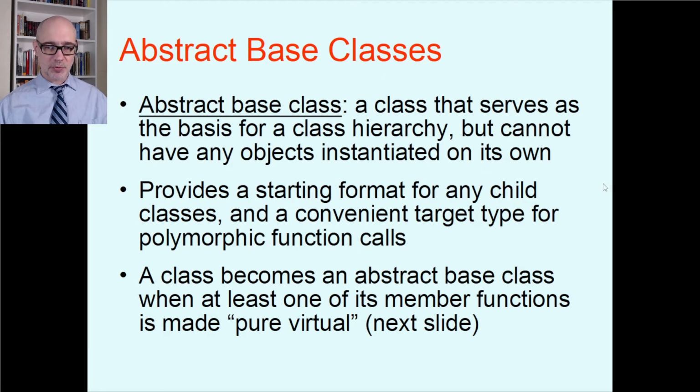So we do this a lot, and this does provide a good starting format for any child classes. Whatever the common traits are, like being able to get a score or get the letter grade in the graded activity example, why not set that up in this base class, inherit it into all your many child classes for free, instead of repeatedly rewriting that in the child classes?